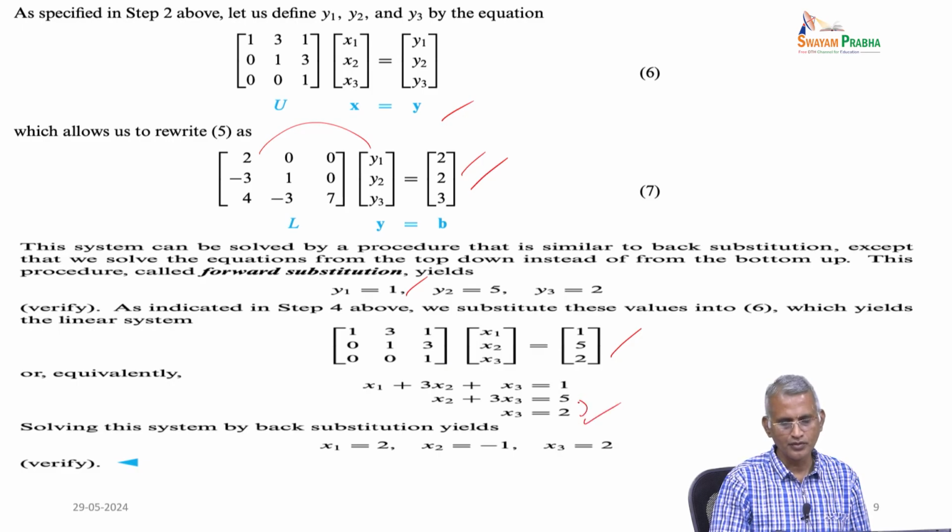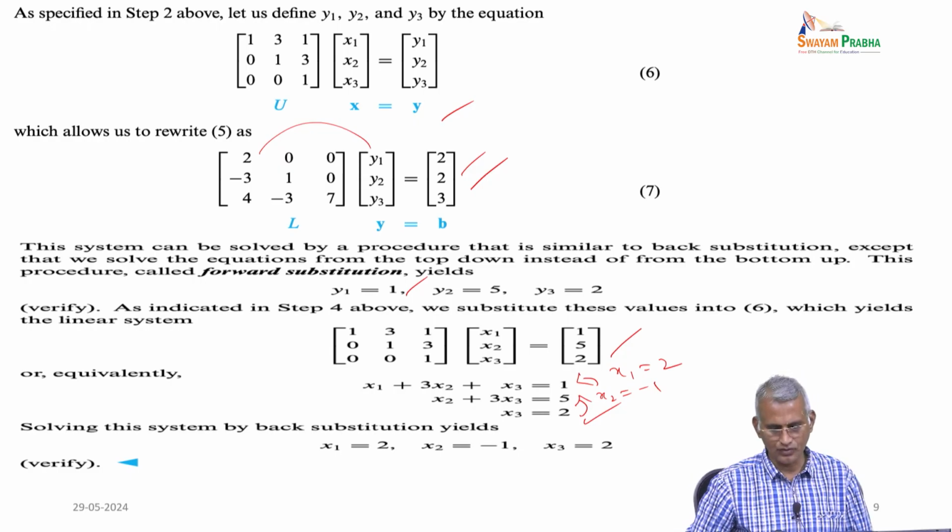So, this value substitute here we have x2 equal to minus 1. Once you know x3 and x2 substitute here, so that x1 equal to 2 will come. So, this way we can find out the values of x1, x2, x3 with the help of the forward and backward substitution using the LU decomposition method.